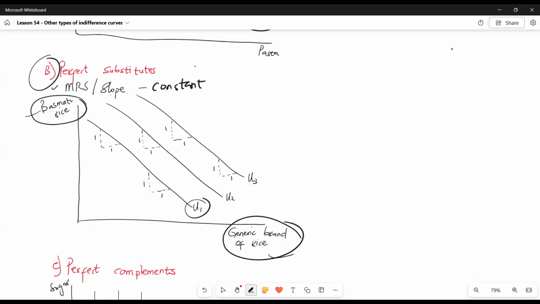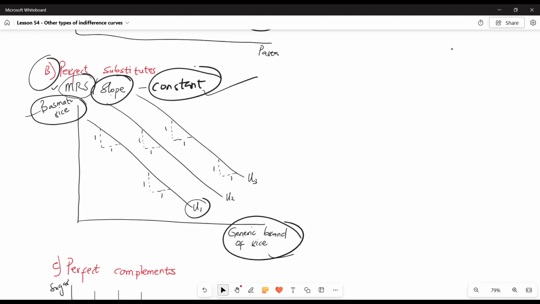Now, since the marginal rate of substitution determines the slope of an indifference curve, a constant marginal rate of substitution means that the slope is also constant. So for goods that are perfect substitutes, their marginal rate of substitution, and therefore the slope of their indifference curve, is constant, which makes them a straight line.